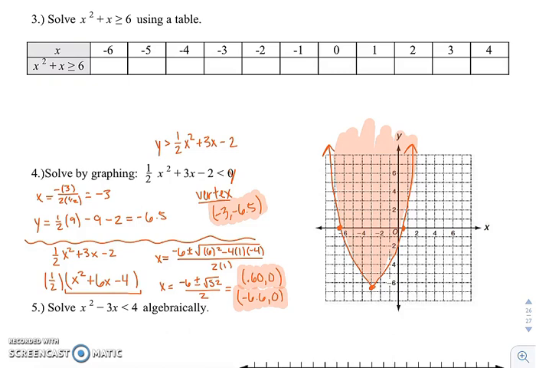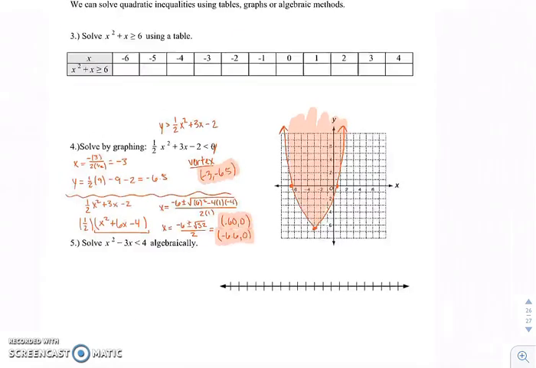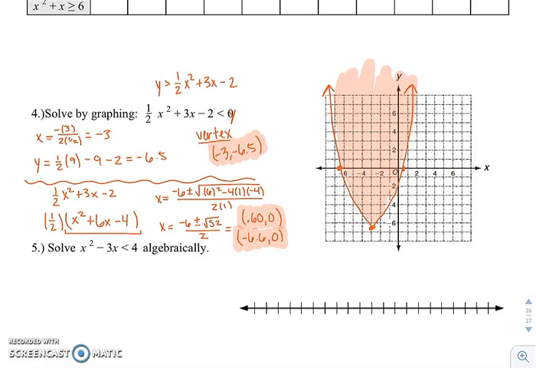So what did we just say those x-intercepts were? We're just going to write the solution in interval notation. And what did I forget to do? My line for my graph should not be solid. It should be dashed. So let's fix that, because that will change our interval notation.